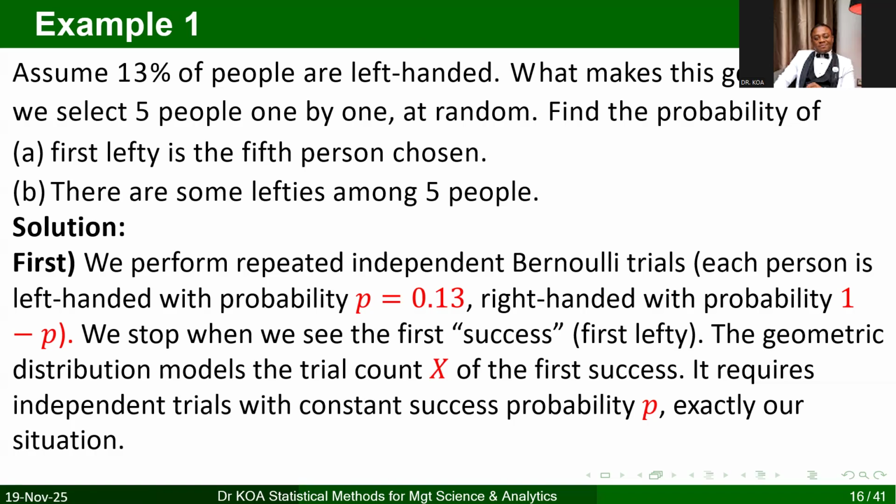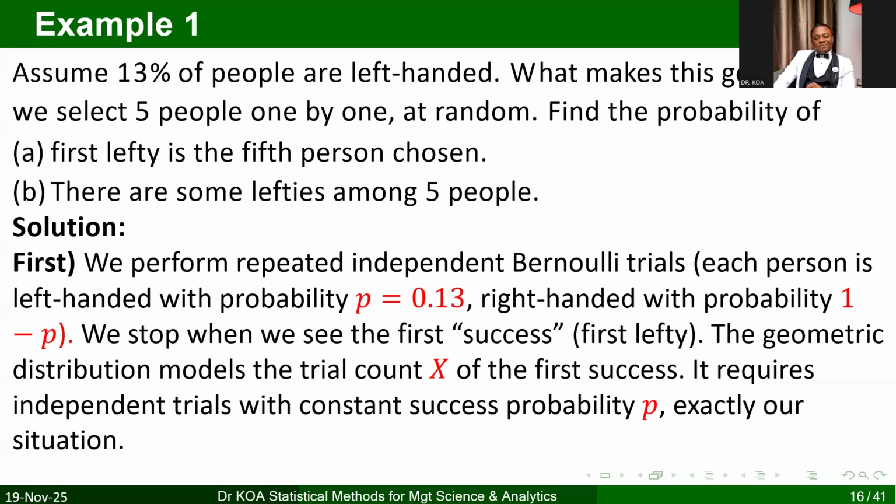Okay. How do you go about this? Well, the first thing you got to note is, why is it geometric? Let's try and understand that. The analysis we are doing, because remember, 13% of the people are left-handed.